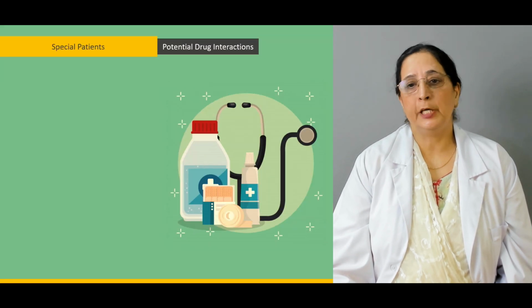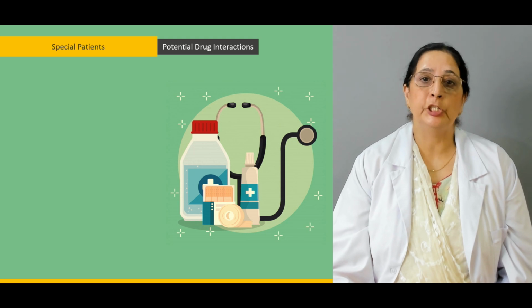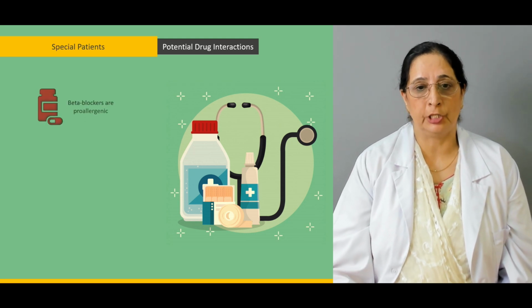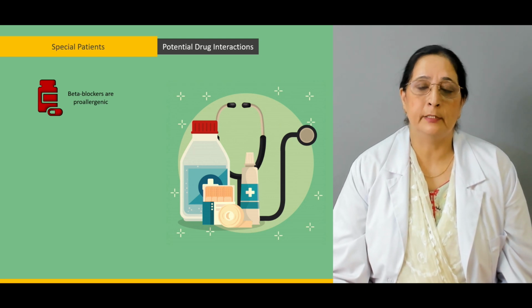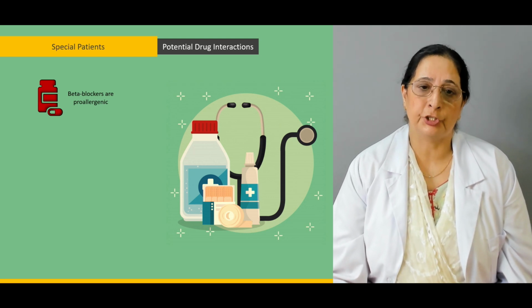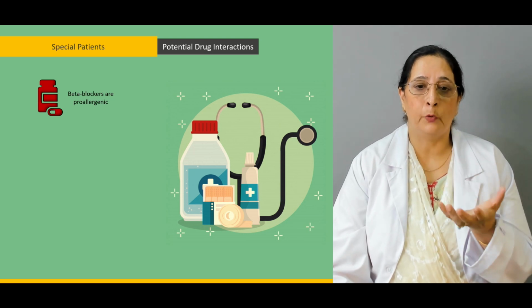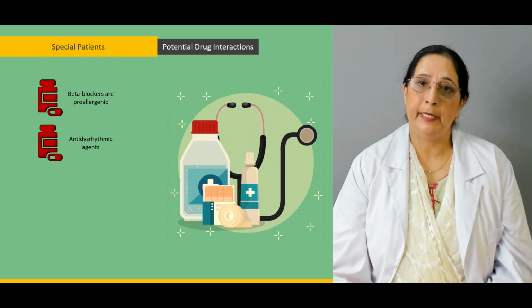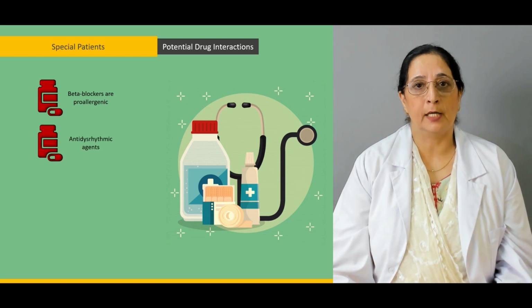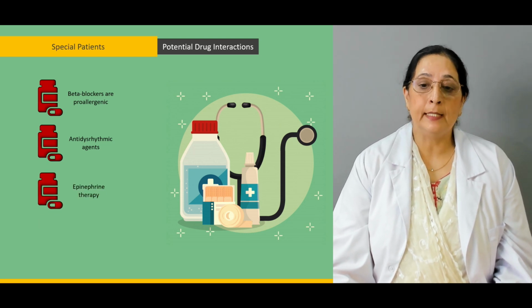Some special patients. First we will talk about some potential drug interactions. Beta blockers are pro-allergenic, and drug interaction can occur. So beta blockers are pro-allergenic. Antidysrhythmic agents are other drugs which cause interaction with epinephrine therapy.